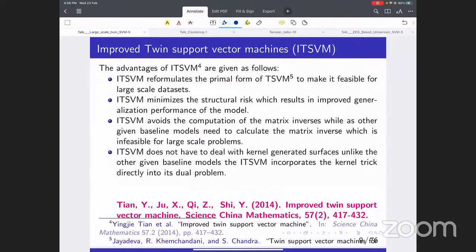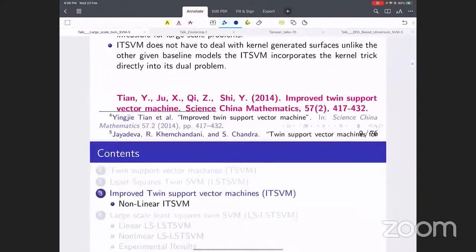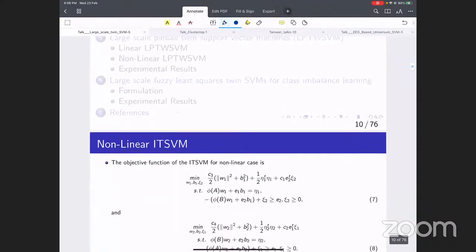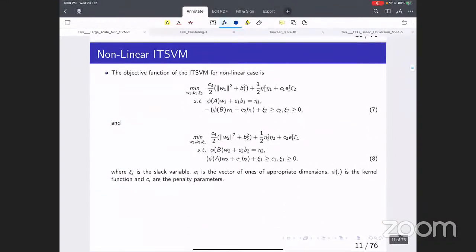And finally, IT-SVM doesn't have to deal with the kernel generated surfaces, unlike baseline models like twin SVM. Here we are just using the kernel trick directly. I'm just using one formulation, the nonlinear case.